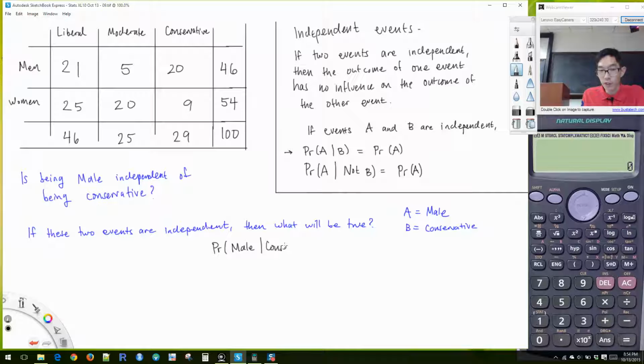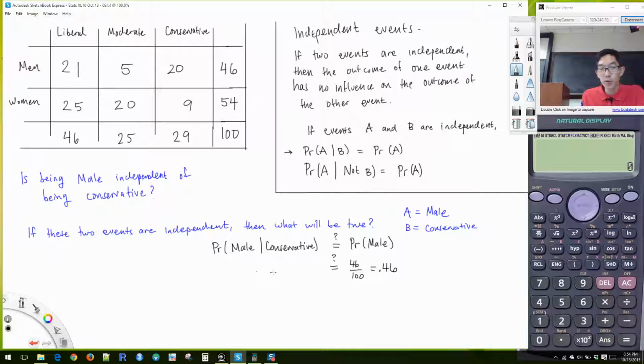Thank you very much. And this should be equal to what? Probability of male. Okay, are these two equal? No? Okay, so what is the probability of being male? 0.46, right? 46 out of 100 or 0.46.